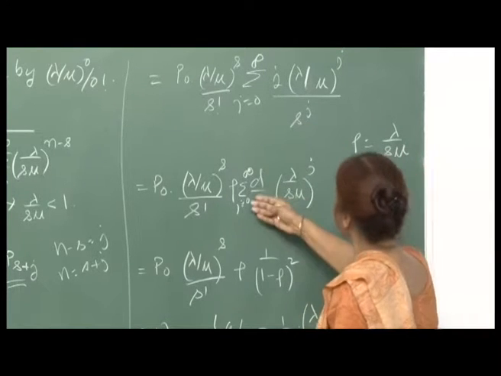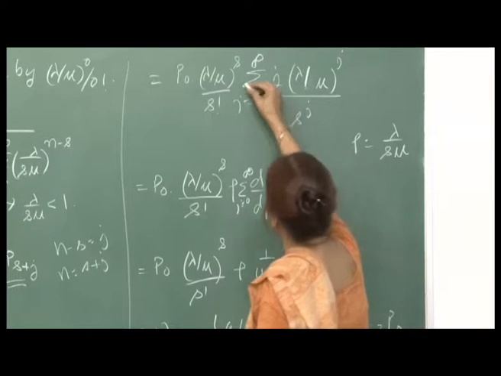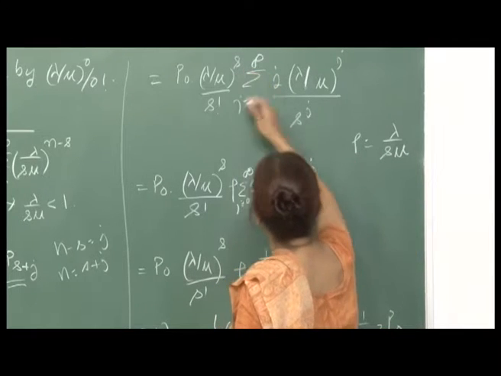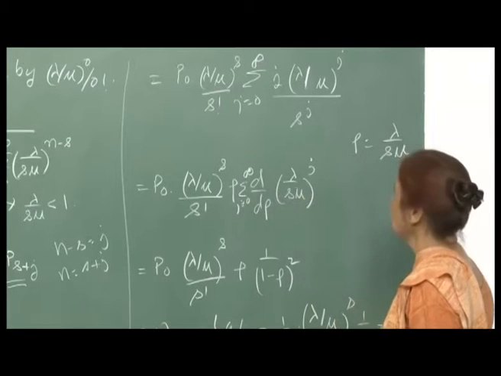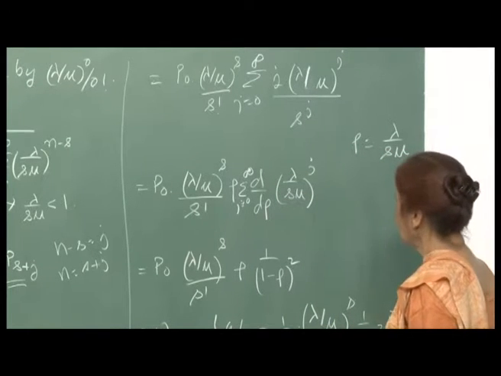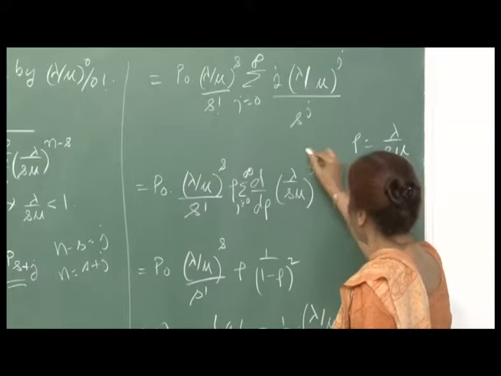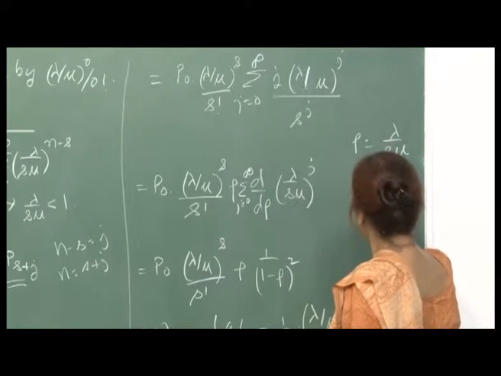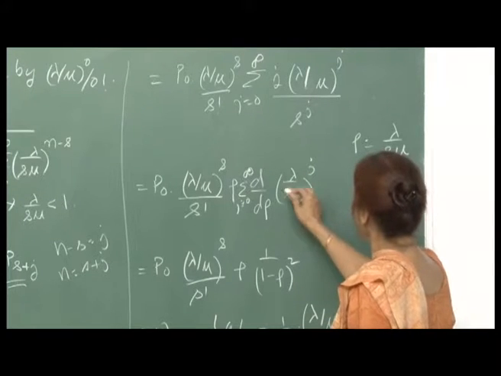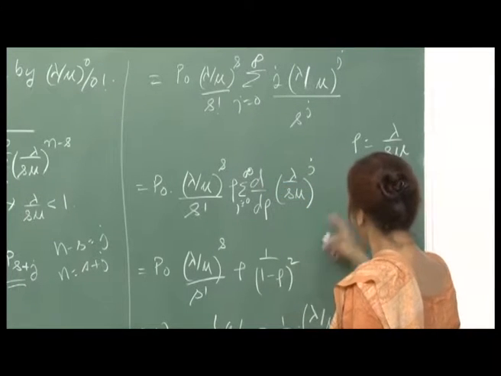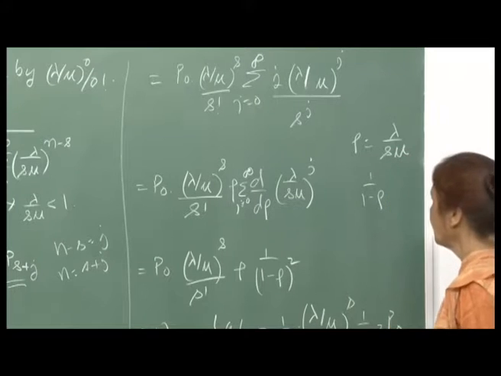So, I can take the derivative outside, and since this is a convergent series, I can bring the derivative sign inside, and this is what you have. Now this is a geometric series which adds up to 1 upon 1 minus rho, and then the derivative of this will be 1 upon 1 minus rho whole square.